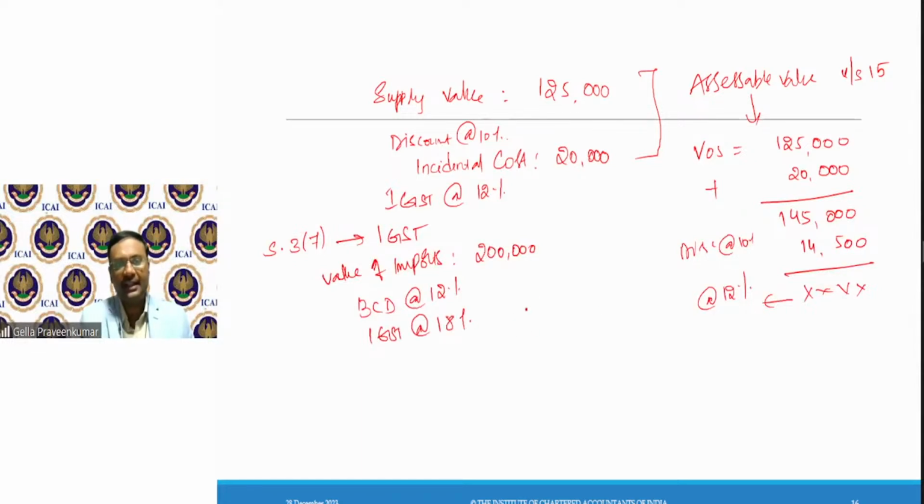Now the question comes here, should I calculate this IGST option 1 on 2 lakh, or option 2, 2 lakh plus basic customs duty, on this apply at the rate of 18%. This is a mechanism which is prescribed.